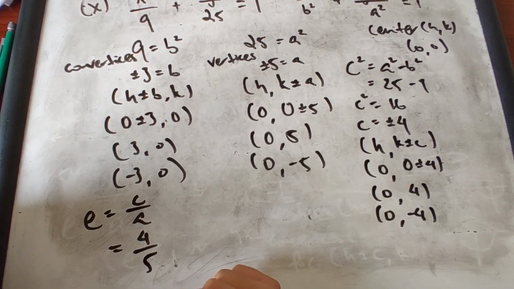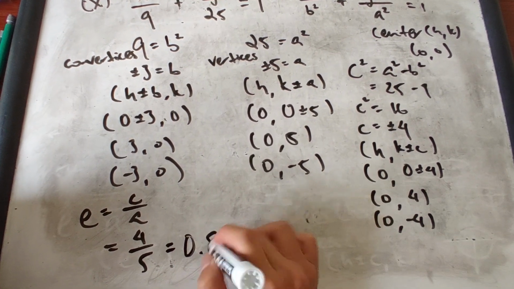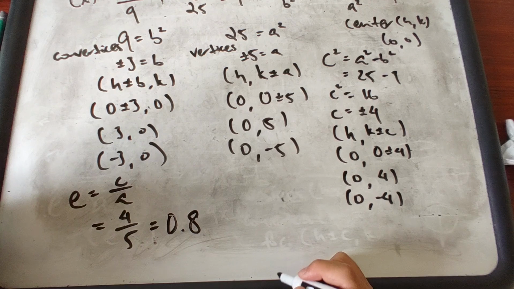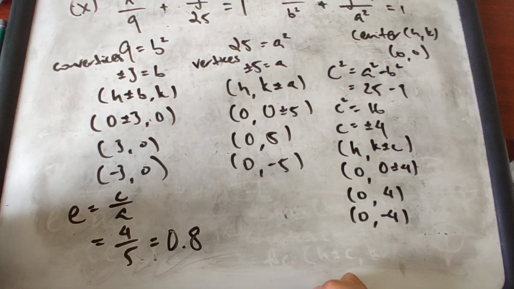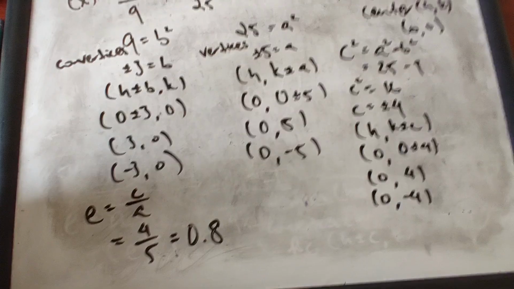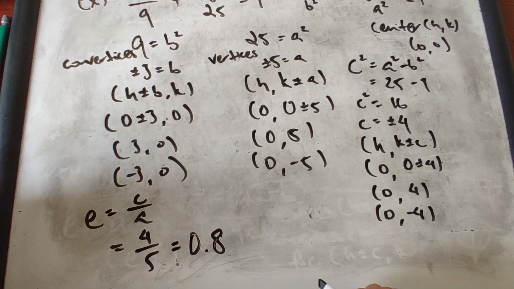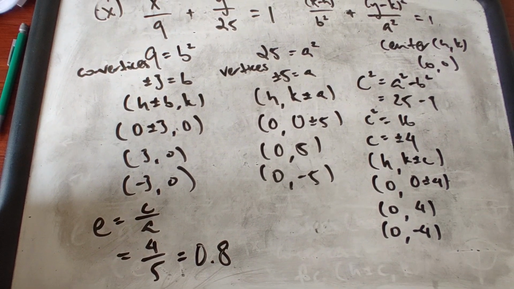The negative or the positive doesn't really matter. So you can just use positive to find the eccentricity, which is 0.8. And that's pretty close to 1, so we'll be expecting a pretty stretched ellipse.